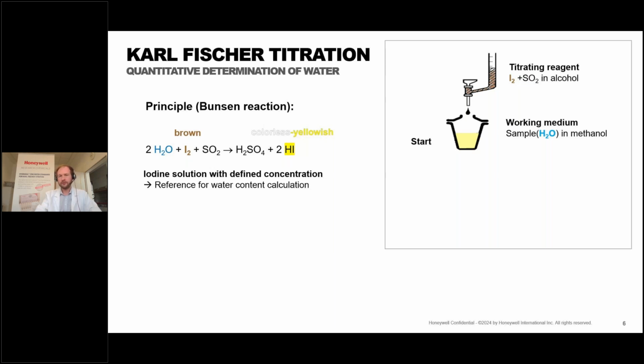When the iodine solution is mixed together with the sample, the brown iodine will react with the water of the sample and will decolorize. And at the end point of the titration, where all of the water has been consumed, the iodine is not reacting any further, and the solution becomes brownish due to the formation of excess iodine.